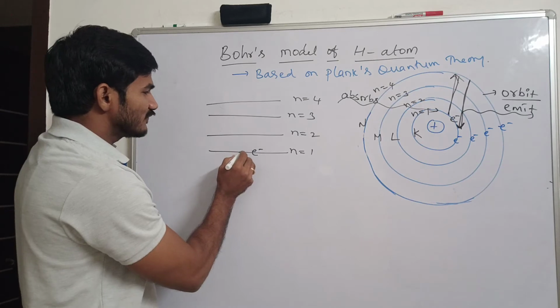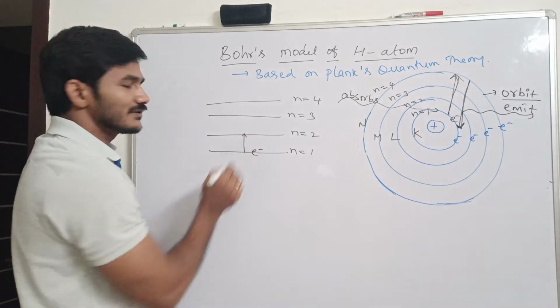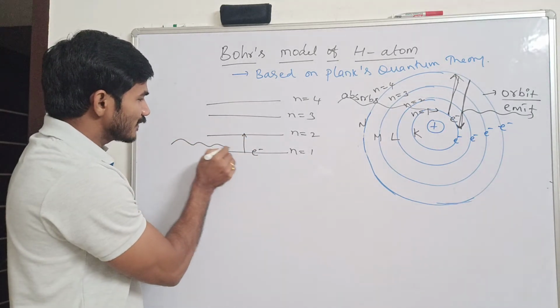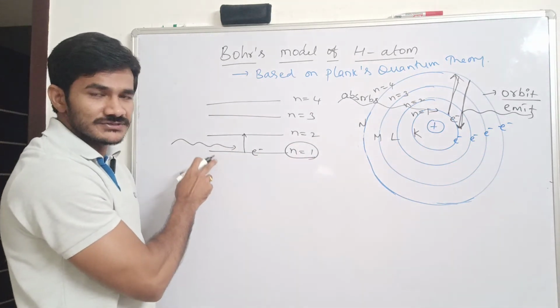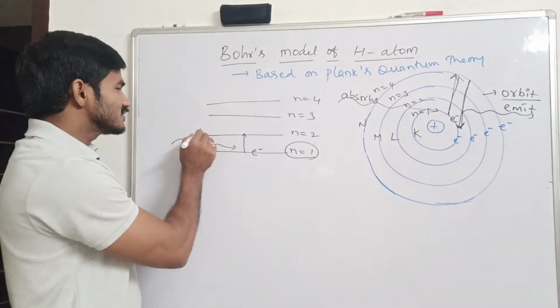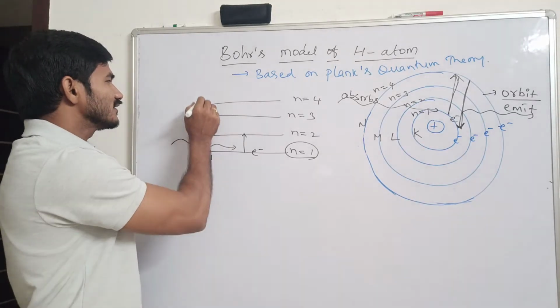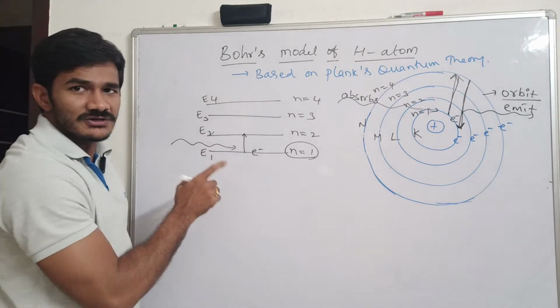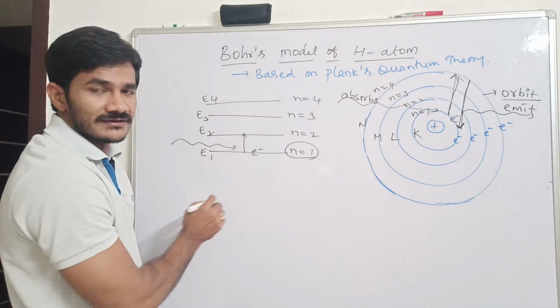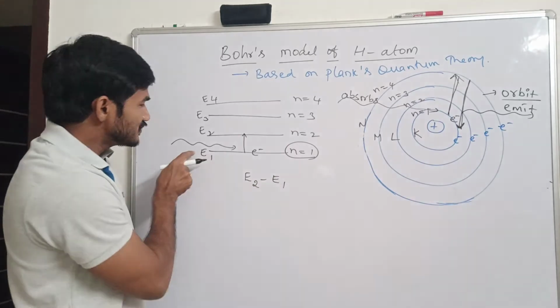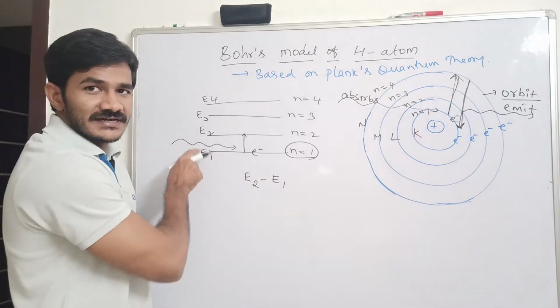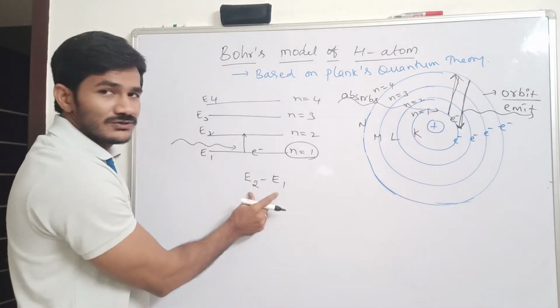I want to shift the electron from the first orbit to the second orbit. How much energy do I have to supply? The electron present in n equal to 1 has energy E1. This is energy E2, energy E3, energy E4. To shift the electron from the first orbit to the second orbit, the energy you have to supply is E2 minus E1. The energy gap between these two can be taken as E2 minus E1.